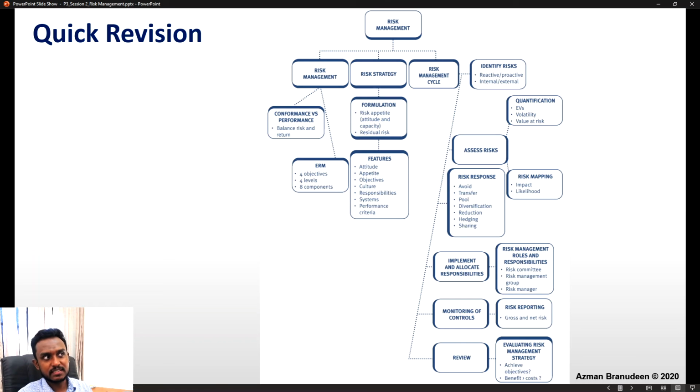So other than the CIMA suggestion, which we looked at in, I think, segment number 1, here under risk management, we looked at various stages of risk management: identifying, assessing through quantification and mapping, responding to risk, implementing and allocating responsibilities, and the monitoring of controls. Anyway, we will be looking at internal controls in much more detail in a separate segment, and even review, that is evaluating risk management strategy. How do you evaluate and decide whether it's good or bad? That is what risk management is all about.